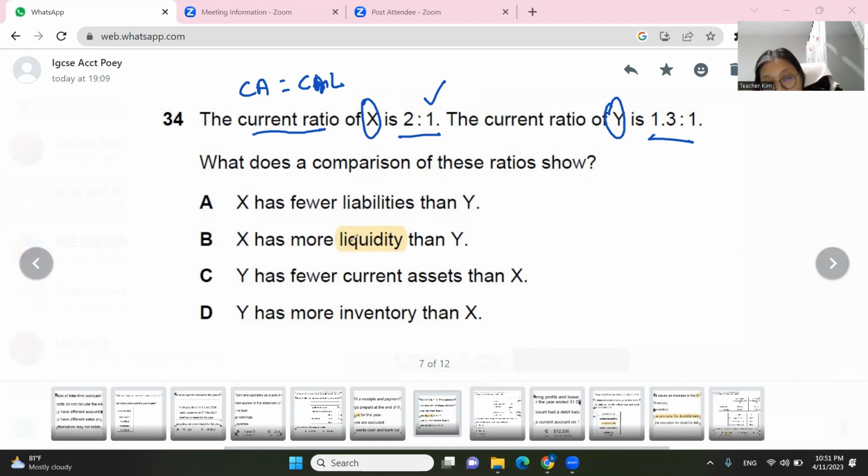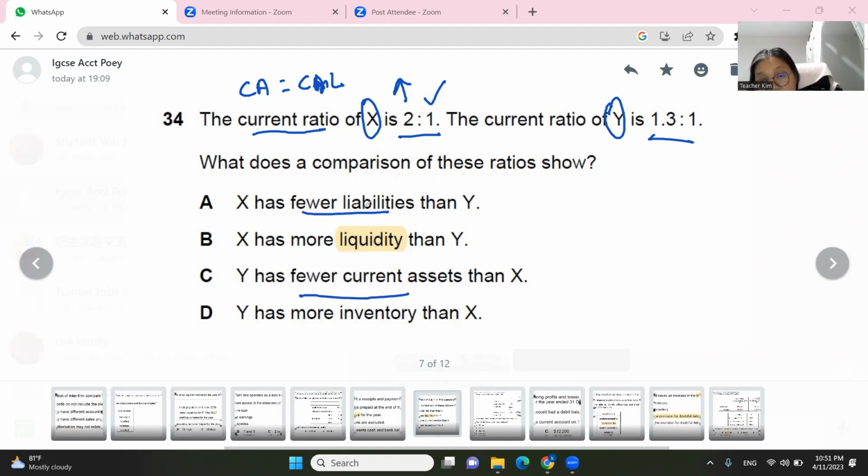X has more liquidity than Y. Basically, yes, because for these two, higher is better. This one is basically a benchmark for the current ratio. Y has fewer current assets than X? This one, we do not know.